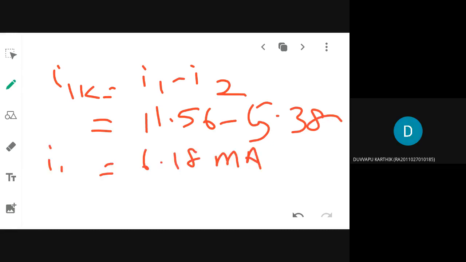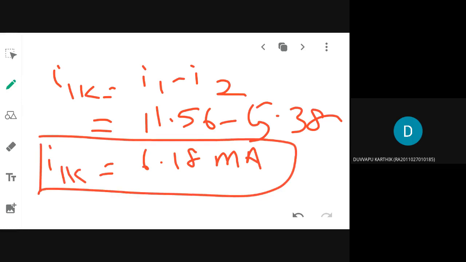Sometimes if the answer is negative, it means the sign convention that you have chosen is wrong, so you have to change the direction of the current. Here it is not negative, so you have taken the correct sign convention.